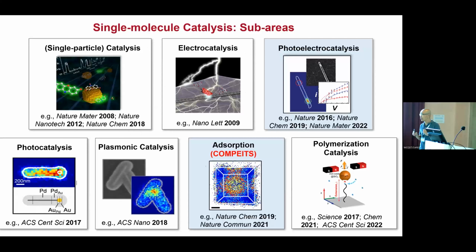They do not require fluorescent signals. That's a technique called COMPEITS. And I will tell you how we can study molecular adsorption on surfaces of nanometer particles. The last topic of polymerization catalysis uses a completely different technique called magnetic tweezers, which I will not cover. At the end of today's talk, I will also tell you a short story about how one can study photoelectrocatalysis on semiconductor particles.